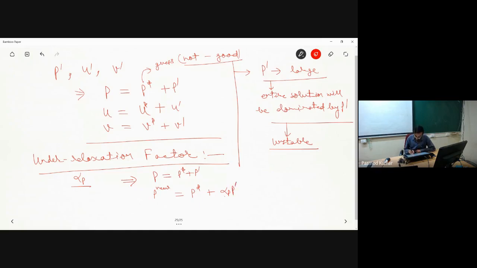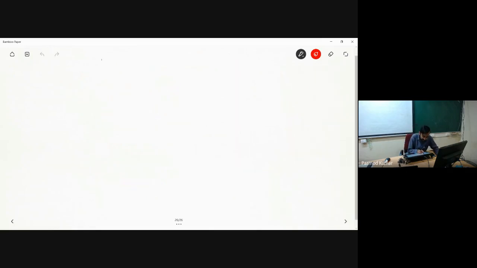If alpha p is equal to 1, it means we are giving 100% weightage to our pressure correction term, and if we keep alpha p equal to 0, we are not including the pressure correction term in the solution. So generally the value of alpha is selected between 0 and 1.